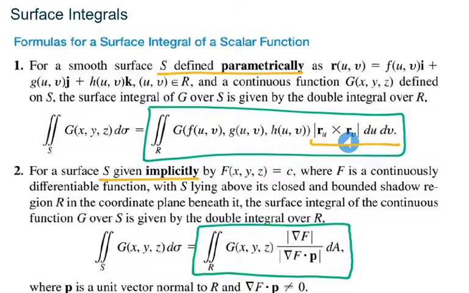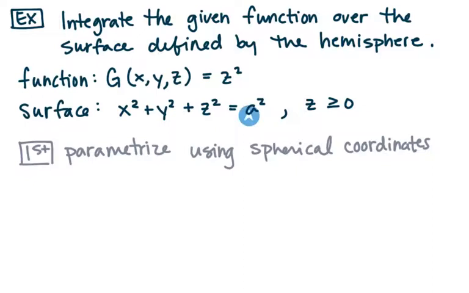Since we're going to define this parametrically in spherical coordinates, we're going to be dealing with phi and theta, so I won't have a variable rho. a represents some constant value.